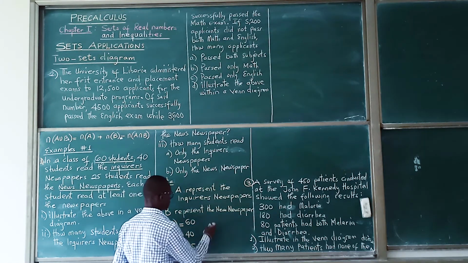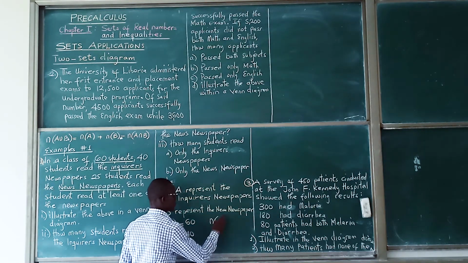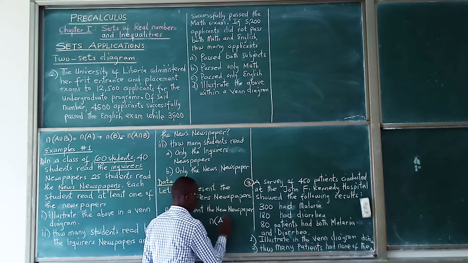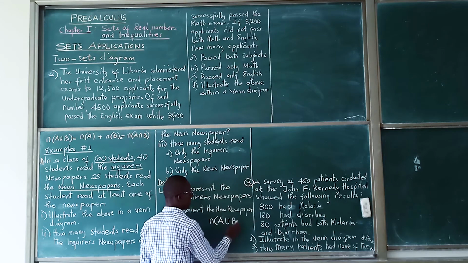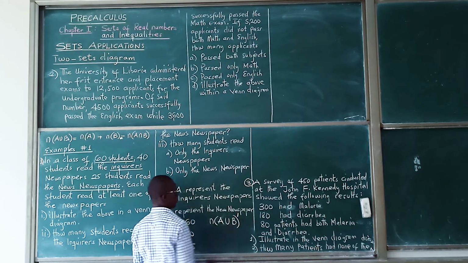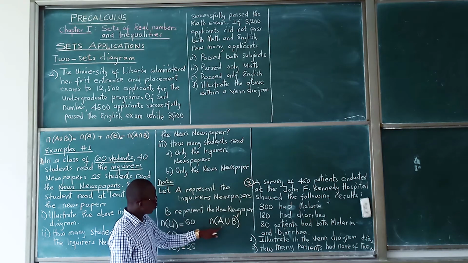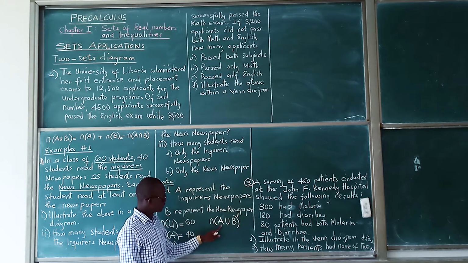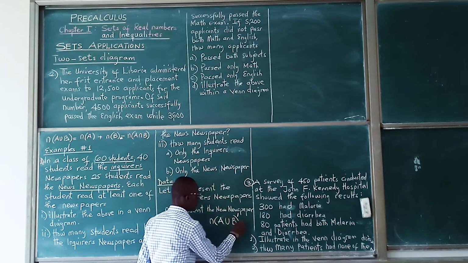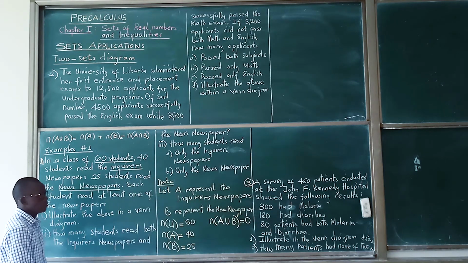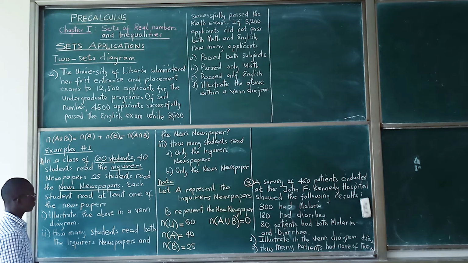That is to say, the number of students who read the Inquirer newspaper combined with the number of students who read the newspaper, all prime, indicates the number of people who are not part of set A and set B. We say it is equal to 0 because each of them is part of a single group.